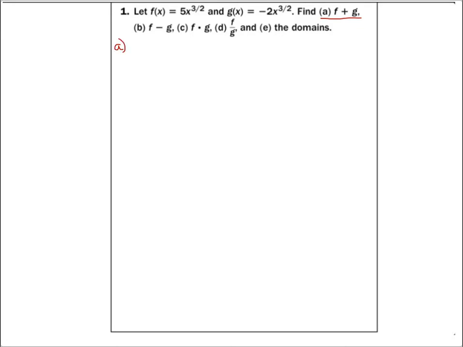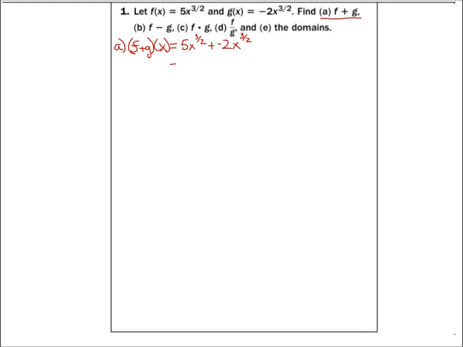Here we go. F plus g, and I'm going to write it just a little bit different. F plus g of x. You don't have to write it like that if you don't want to. It's 5x to the 3 halves, because that's what f is, plus negative 2x to the 3 halves, because that's what g is.